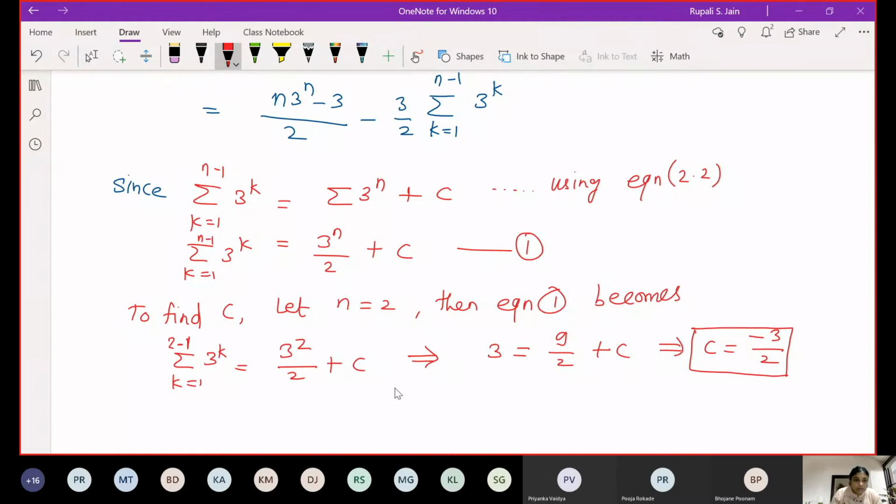Therefore summation k is equal to 1 to n minus 1 of 3 raised to k is nothing but 3 raised to n by 2 minus 3 by 2. Is that okay? That is my sum.